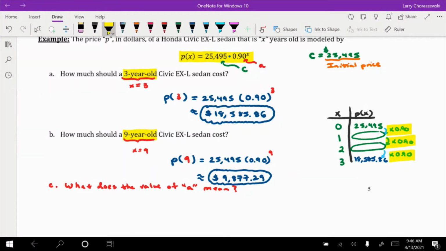And so as the x values increase, for each additional year, you're paying 90% of the previous year's cost. A more succinct way of saying that is that the price drops by 10% each year, right? Because if you're only paying 90% of the original price after year 1, then the only way that's going to happen is if you drop the price by 10%. Does that all make sense?